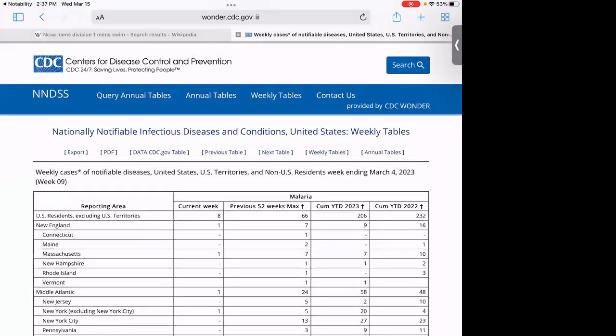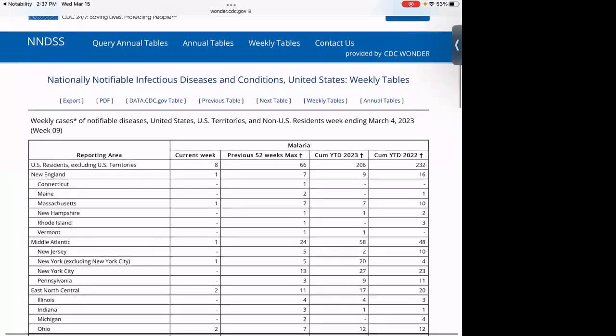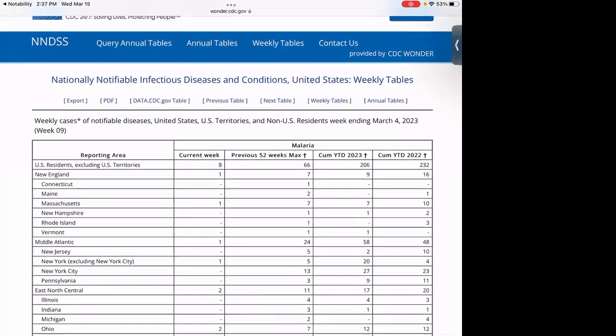And you can find out, this is recent, this is for the week ending March 4th, 2023. So this is up to date. You can look up and see, has anybody in the US been diagnosed with malaria? Currently, as of this week in the US, we had 8 people diagnosed with malaria.